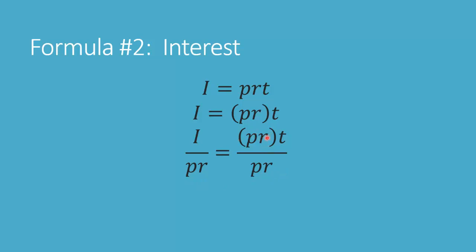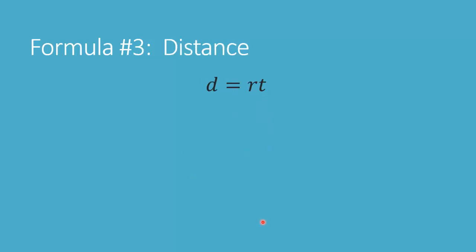So in this case, P and R, they sort of cancel out, and we get time all by itself. So now we have T is the interest we're wanting to make divided by what we started with and the interest rate of whatever the savings account is.